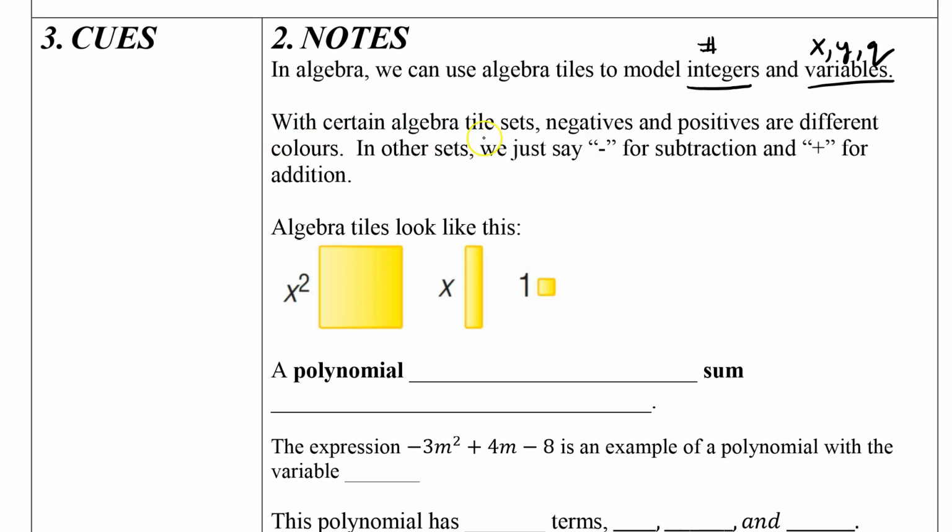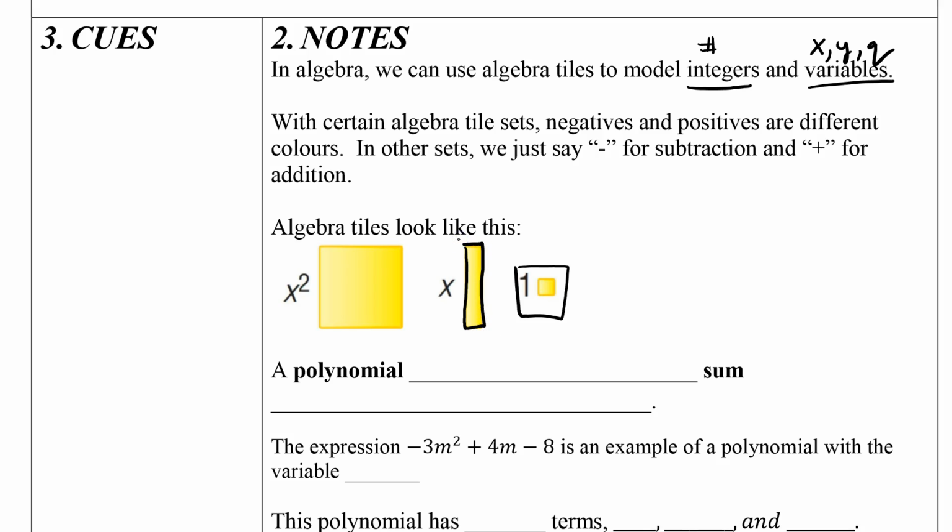With certain algebra tile sets, negatives and positives are different colors. In other sets, we just say negative for subtraction and positive for addition. But algebra tiles look like this. Our 1 is just a little square. Our X is a longer rectangle like this.